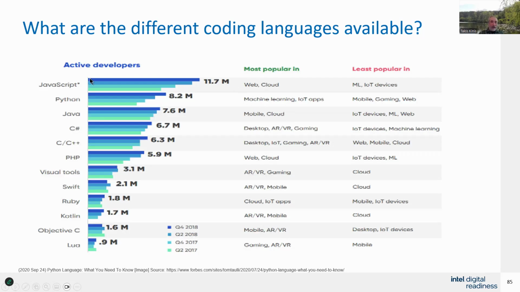JavaScript is for web. It's not really used to build machine learning. Python is very popular for machine learning and IoT. It has grown to create all kinds of stuff, but that's where it's most popular. So it depends on the kind of thing you're building relative to the language that you're using to build it, right?